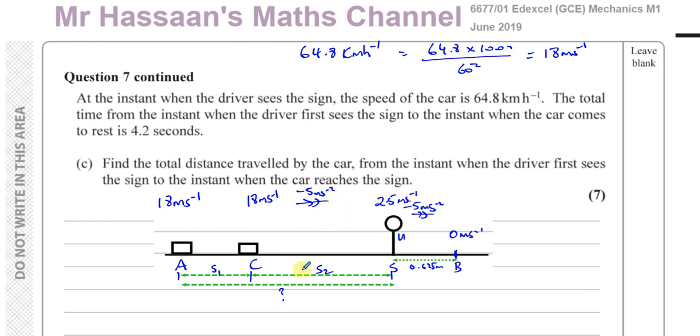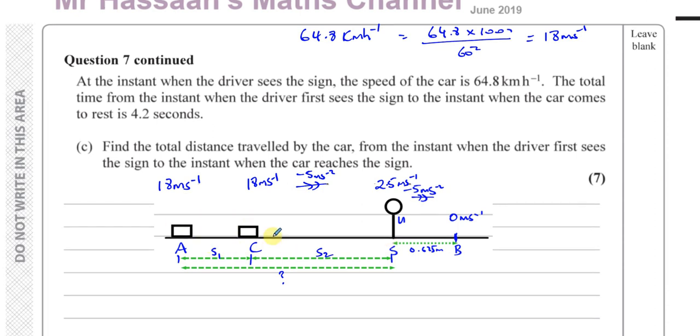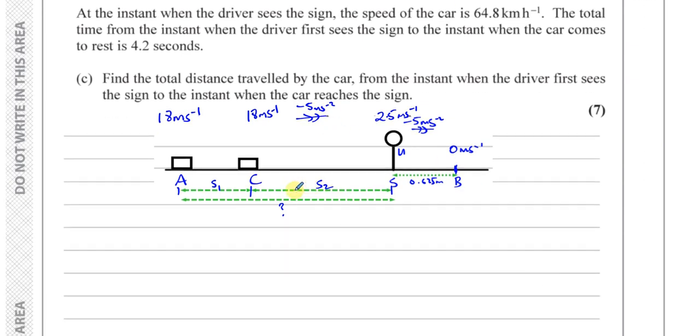So I think I can work out how long it takes to go from here to there, and therefore also how long it takes to go from here to here. Let's try and work it out. We need to find those times, then we can find the distances.